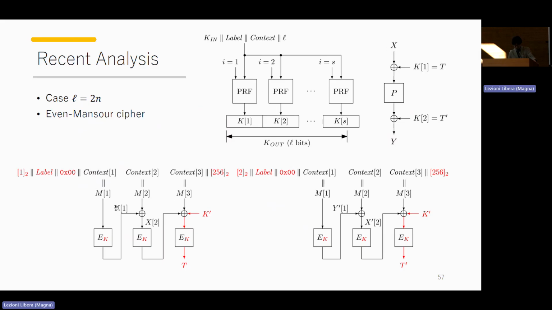This shows the first call, where the counter is 1, and this shows the second call, where the counter is fixed to 2. Again, all these red values are fixed. This T and this T prime are also fixed. And we want to come up with context 1, 2, 3 that are consistent with everything. Can you do this?